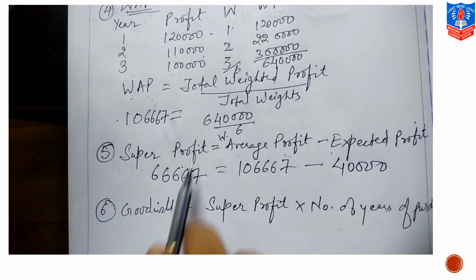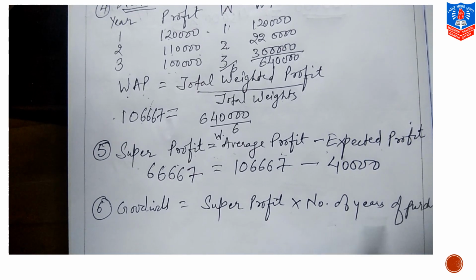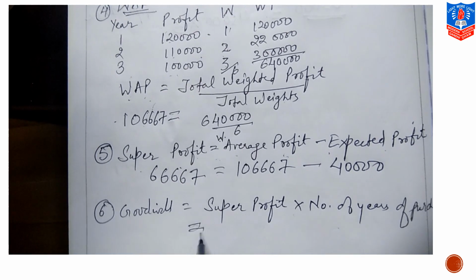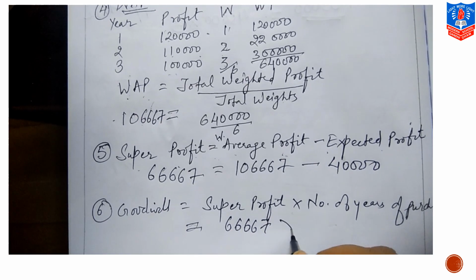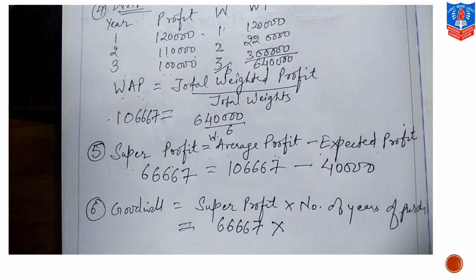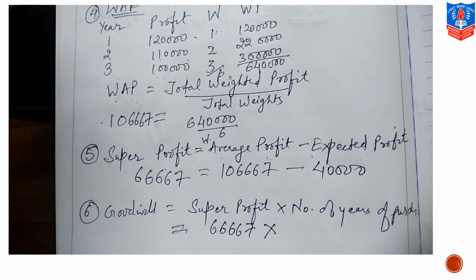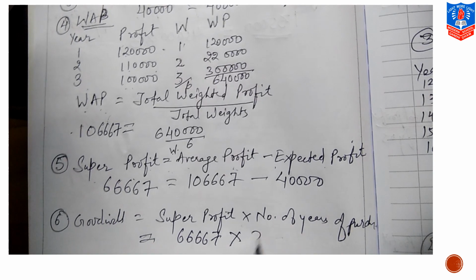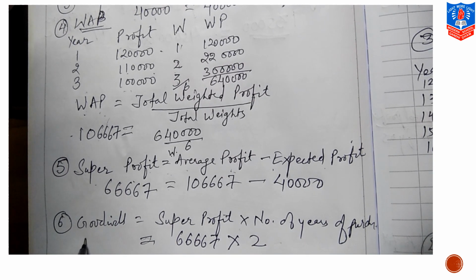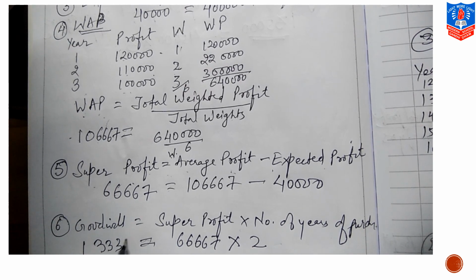After finding super profit, goodwill is super profit into number of years of purchase, which is already given to you in the question as 2 times. Multiply by 2. So our goodwill comes to 1,33,334.